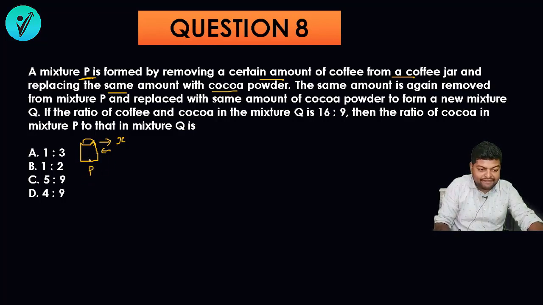Now once I have a mixture P, again I am doing the same process. Mixture P is formed. Again in the mixture P also I am doing the same process. Again I am taking out some part of the mixture and replacing it again with cocoa.